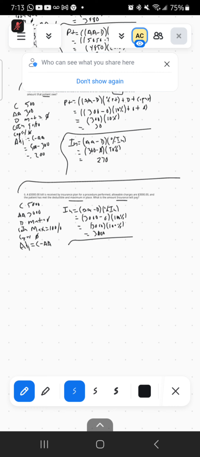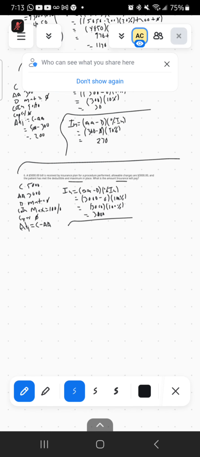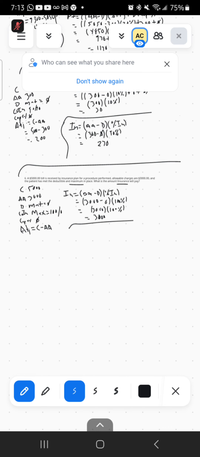Then you go, okay, so what the patient has to pay? Again, in the other exam, you don't have to do this. You go patient or insurance. Here we're practicing. So the patient pays the allowed amount minus deductible times the percentage for the patient. For that, we're gonna add deductible, and to that we're gonna add copay.